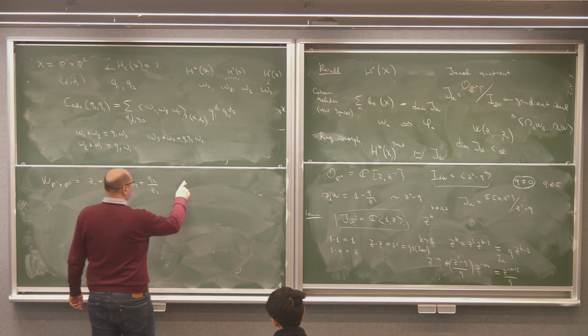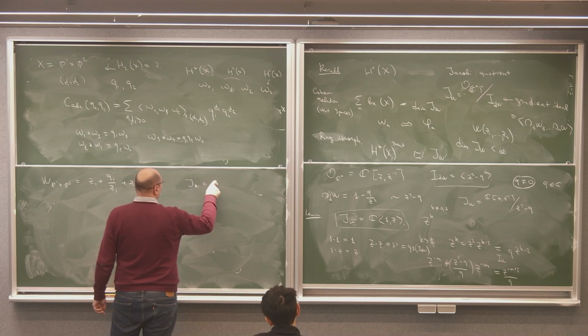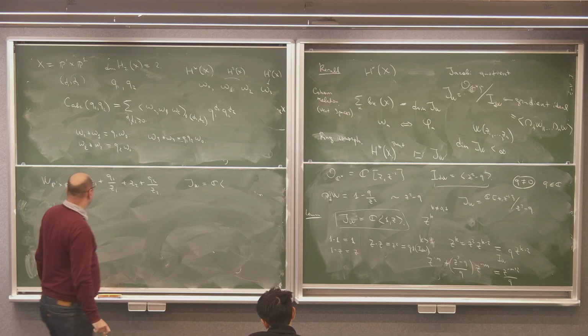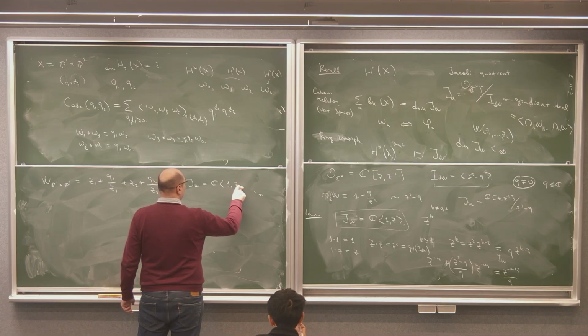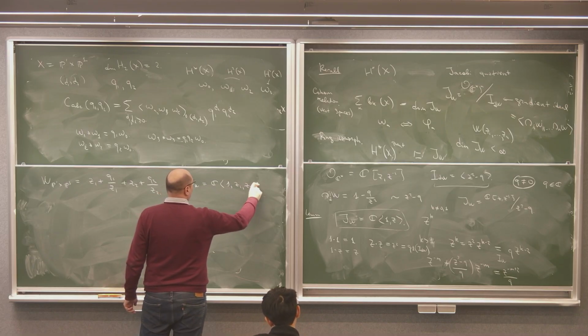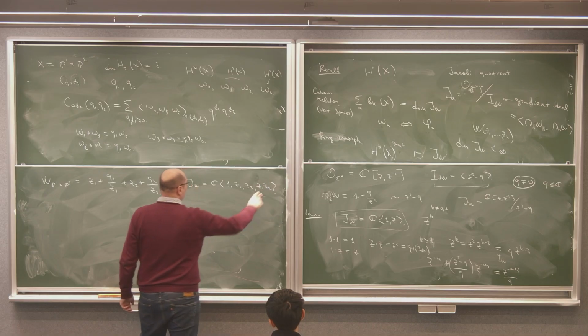And we will see the Jacobi ring. So we can choose the following basis: 1, Z1, Z2, and Z1 times Z2.